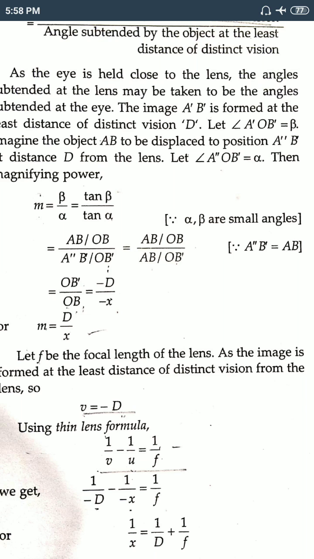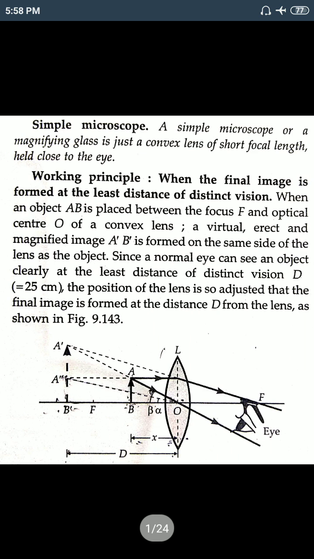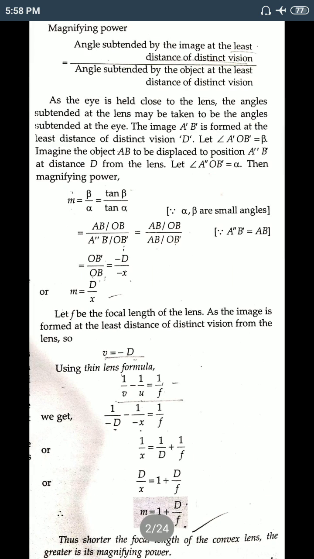OB' is the distance of distinct vision, that is D, and because of the convex lens we use the negative sign, divided by OB. OB is the object distance, that is x, so it will also be a negative sign. So we get m equals D by x.